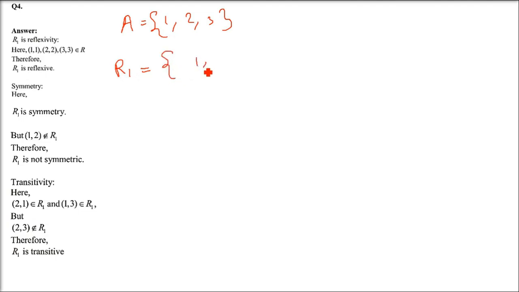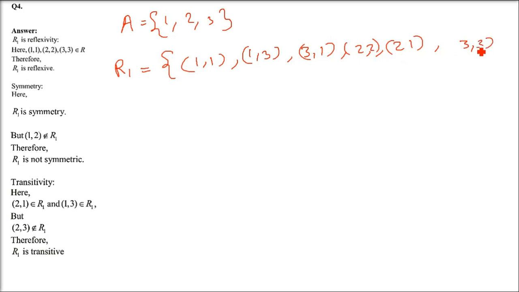R1 is (1, 1), (1, 3), (3, 1), (2, 2), (2, 1) and (3, 3).